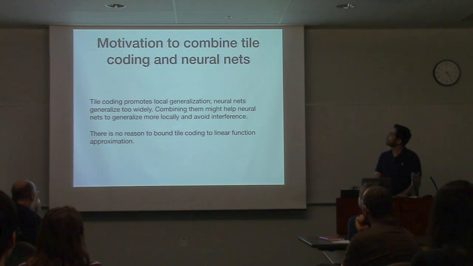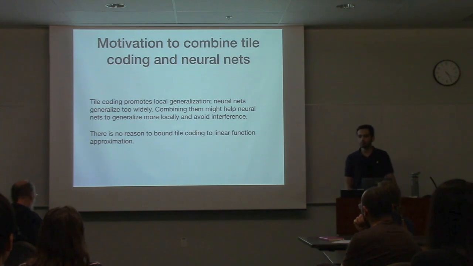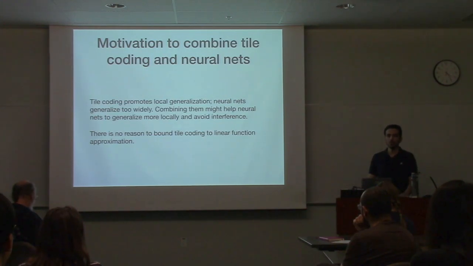And what's the motivation for combining tile coding and neural networks? There are two motivations from different points of view. The first one is that, as I told you before, tile coding promotes local generalization, and neural networks generalize too widely. So combining these two might help neural networks to generalize more locally, and this might address the catastrophic interference problem partly.